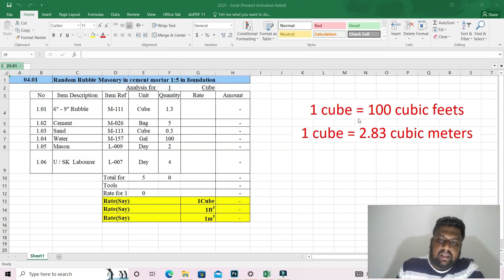That means 1 cube is equal to 100 cubic feet, and 1 cube is equal to 2.83 cubic meters. Therefore I'll calculate for 100 cubic feet, then we can convert into cubic feet and cubic meters.